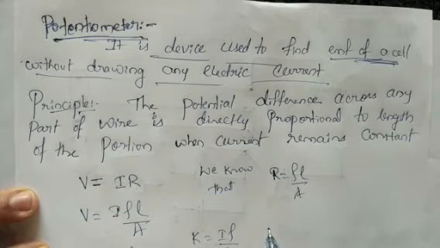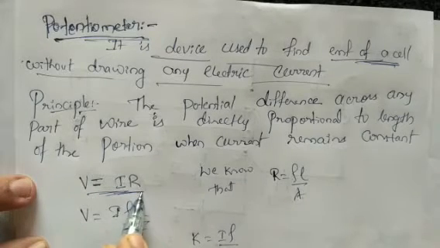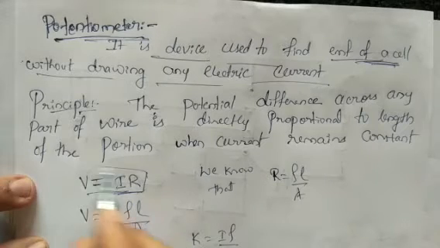In order to identify the principle, we take V = I R, according to Ohm's law.